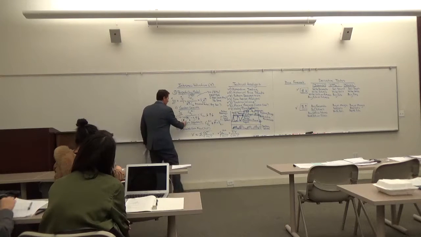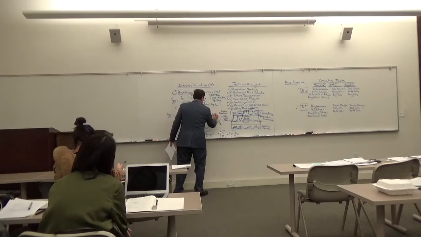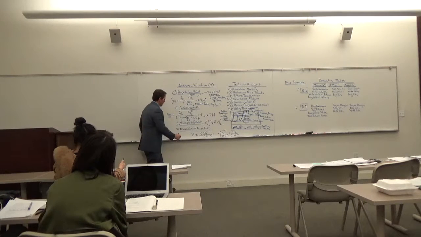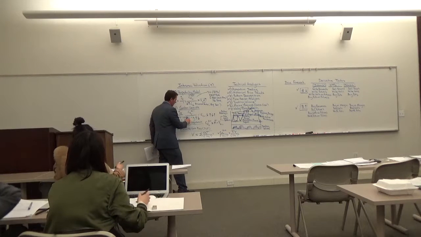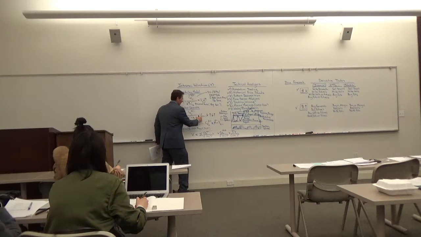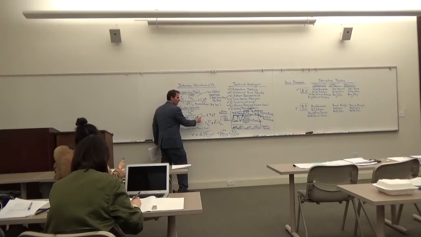And if my expected return goes down, because interest rates are going down, then the values go up. So again, if this goes up, the value goes down. This goes down, the value goes up. Growth rates go up, values go up. Growth rates go down, the values go down.